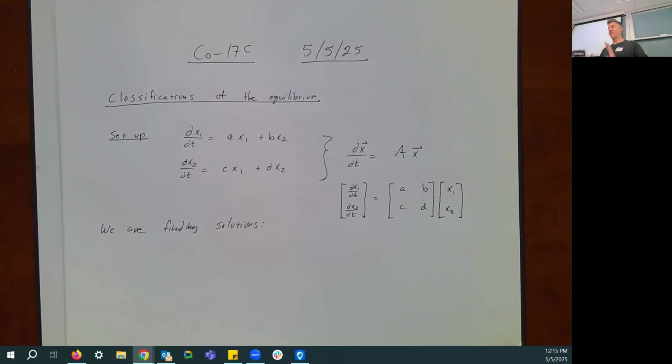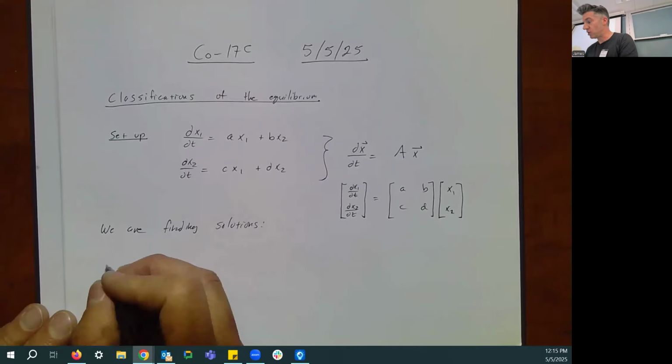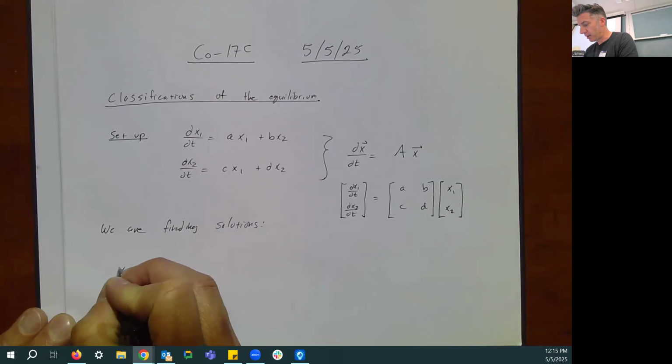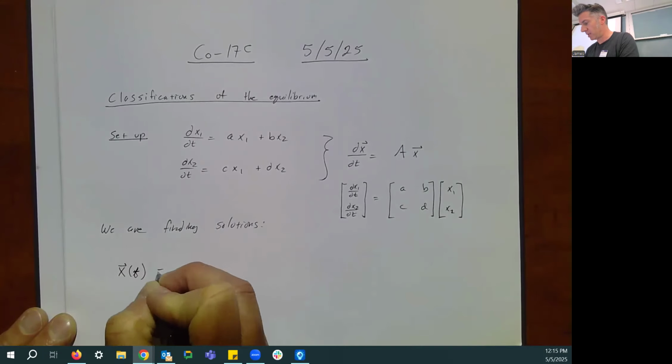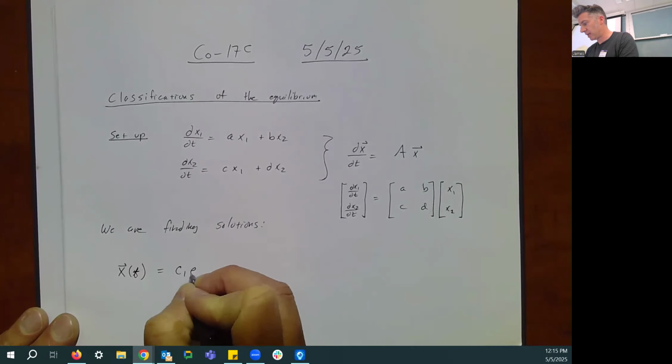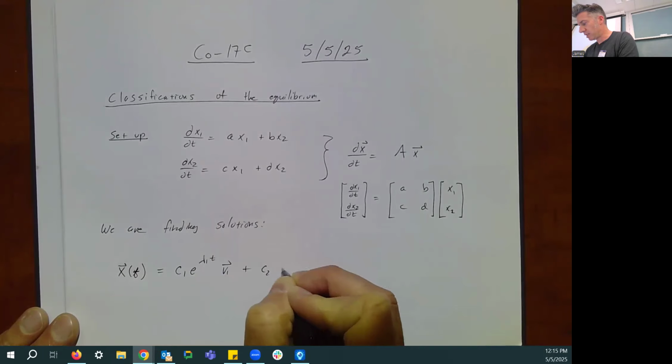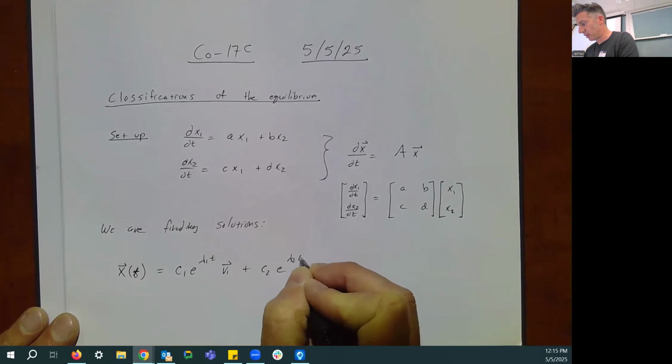It just takes a little more figuring out when the eigenvalues are complex. But the solutions are always going to look like x as a vector as a function of time equal to c1 e to the lambda 1 t times v1 plus c2 e to the lambda 2 t times v2.